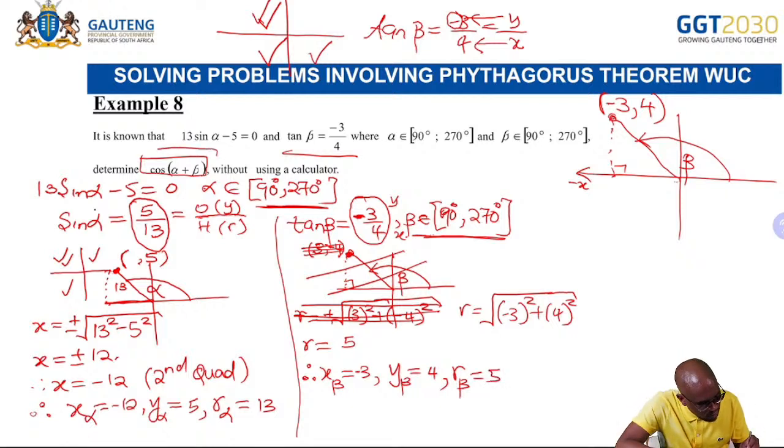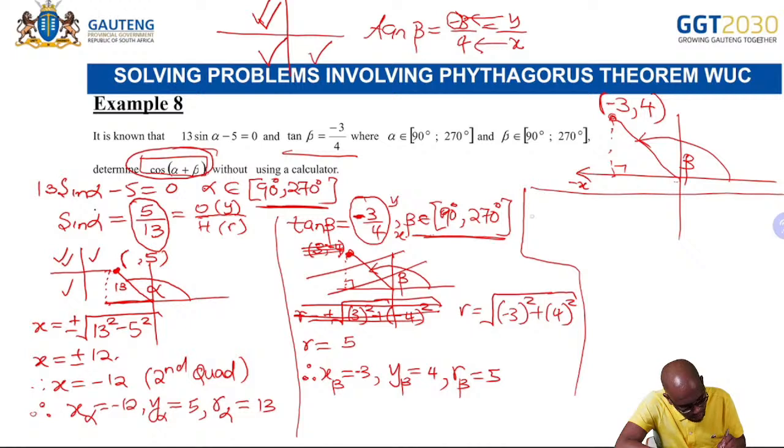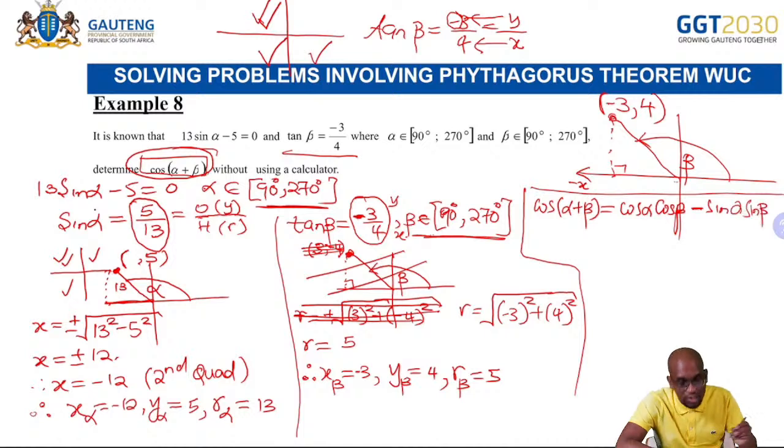Now we want to solve this one, cos alpha plus beta. Allow me to squeeze it in here. So cos(alpha + beta) should be the cosine of alpha times the cosine of beta, minus the sine of alpha times the sine of beta.